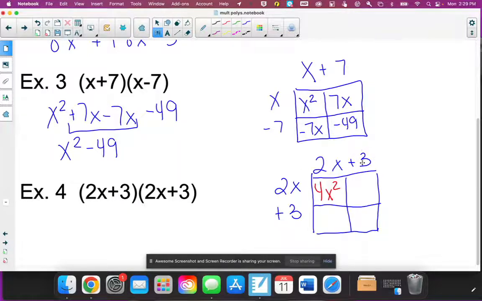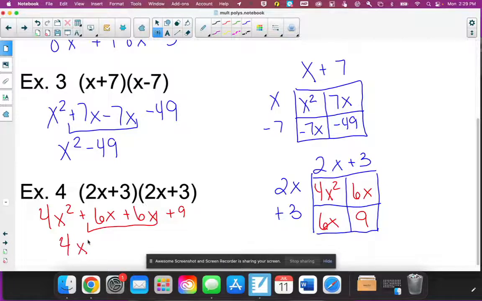Okay, this part of the length times this part of the width, that's 6x. And then 3 times 2x, and then 3 times 3. Again, write down what we have so we don't miss anything. And then go through and combine our like terms.